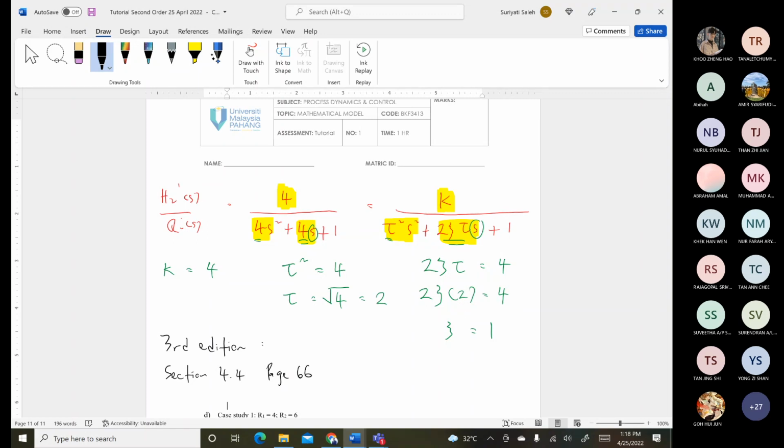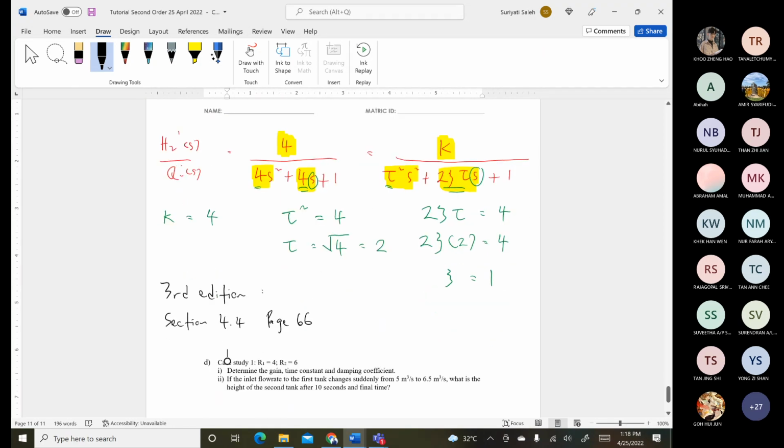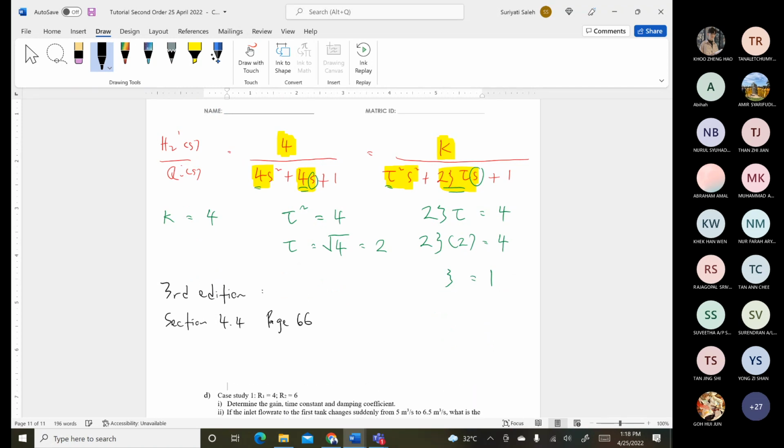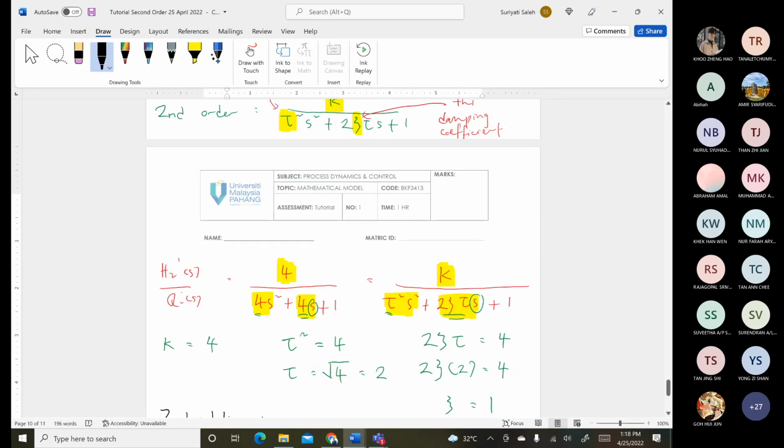So this is the topic for today. Now, in this case, we have compared with the standard form of second order, where the standard form is k over tau square s square plus 2 psi tau s plus 1. So based on this, we compare with the transfer function to get the gain, the tau, and the damping coefficient. Once we have the value substitution, what we want to do from each equation is to do the inverse Laplace.